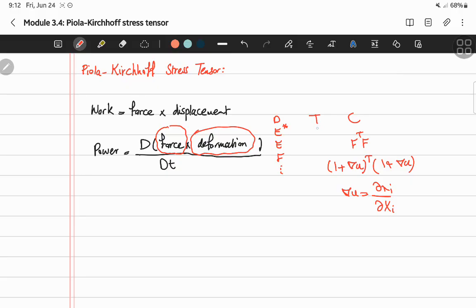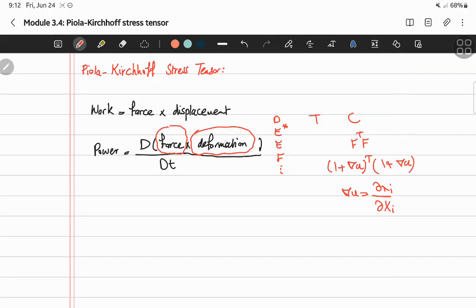So later we'll learn that, for example, the first Piola-Kirchhoff stress tensor can be used here because one of the indices of T0 ij is in the reference configuration and one of them is in the deformed configuration. So that's why it is important to pick the corresponding tool.